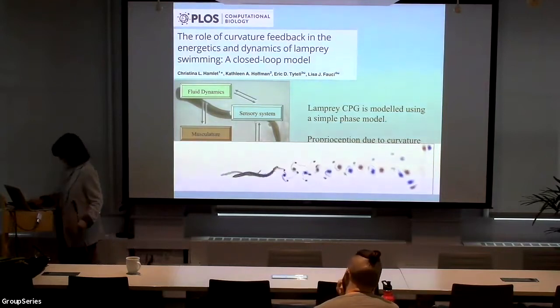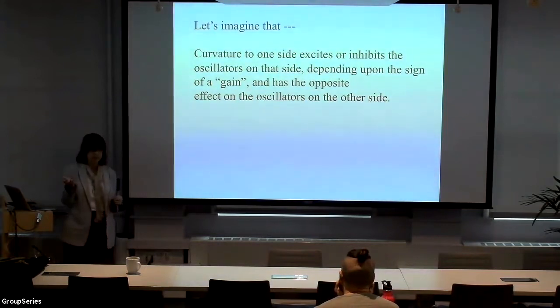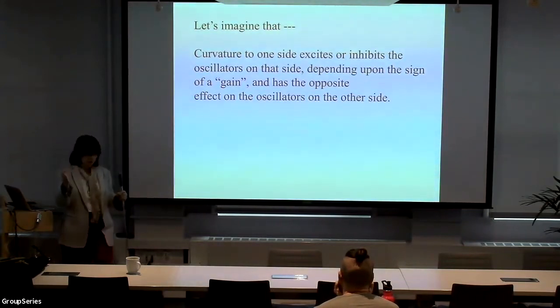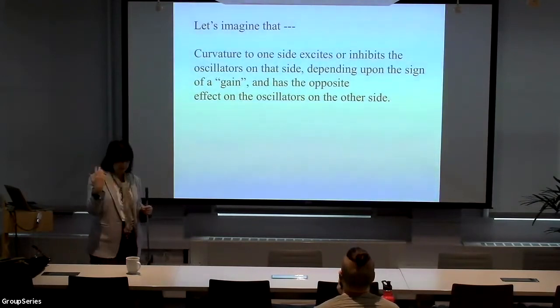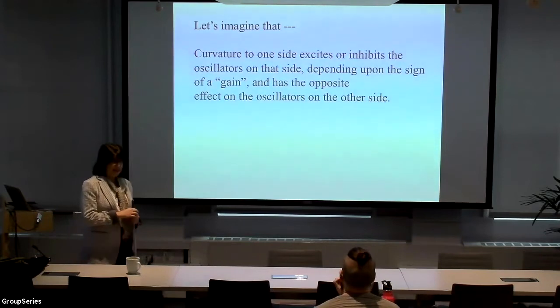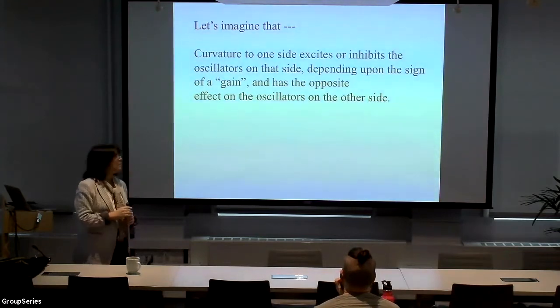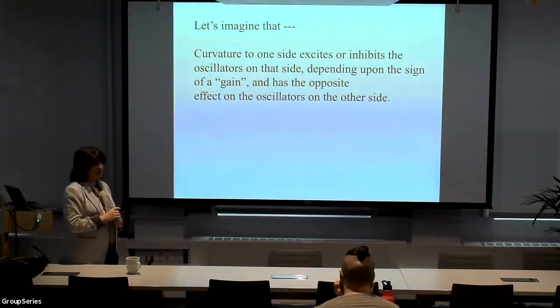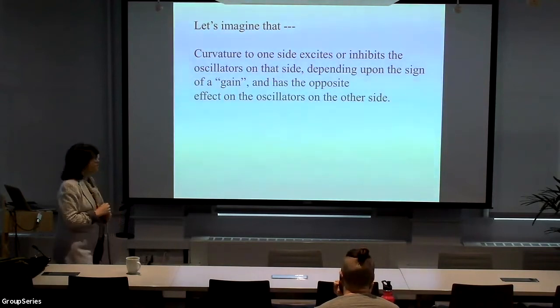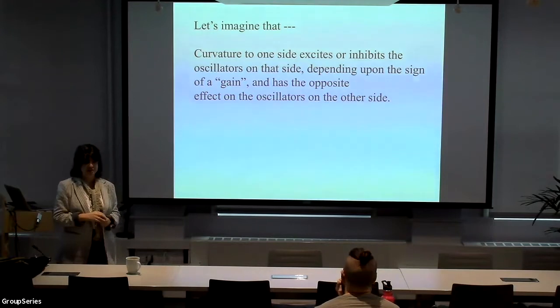So let me just give you an example of the kind of things that we can play with here. One of the forms of sensory feedback that we explored is the following: we're imagining that curvature to one side at a particular muscle segment is going to either excite or inhibit the oscillators on that side, and it's going to do the exact opposite on the other side.